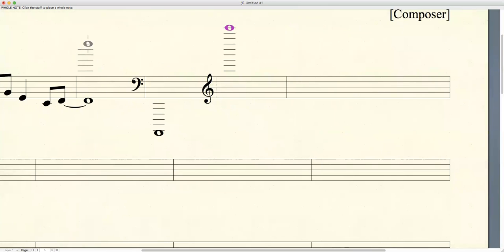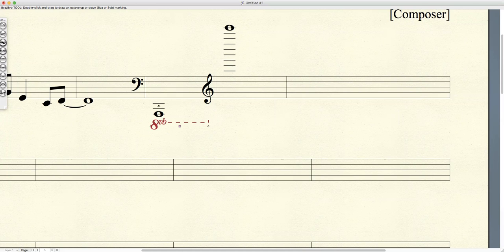So one of the things we can do, to make that a little easier, is to put symbols to help us out. So this is supposed to be A0. I'm going to bump that up to A1, but I'm going to add something to it. 8VB, ottava bassa, means octave below.